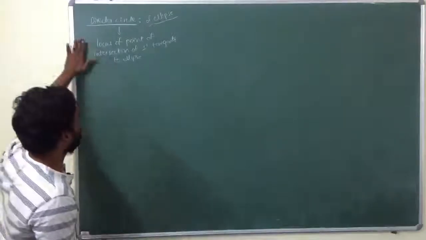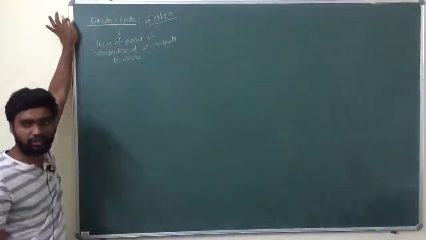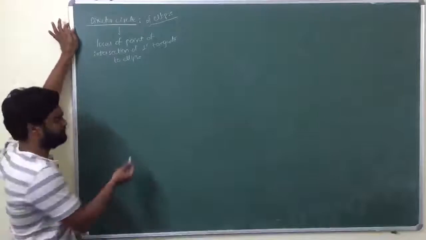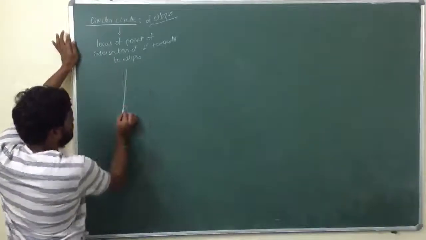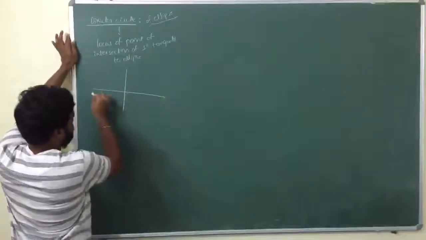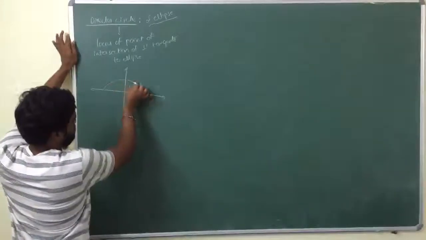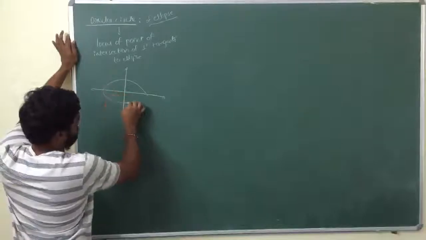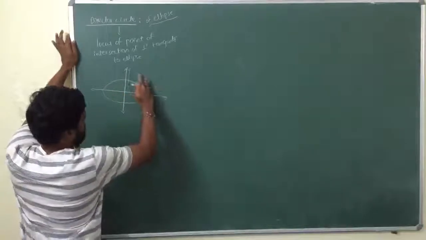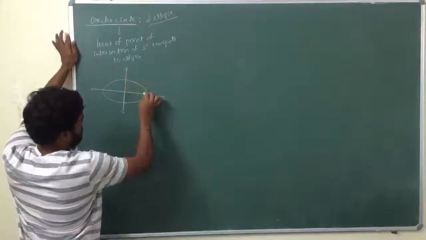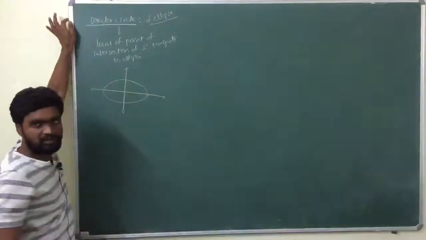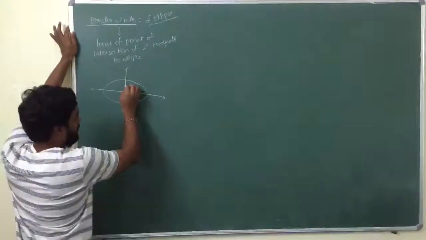So locus of point of intersection of perpendicular tangents to ellipse. How to get the equation of it? We'll see that also. So this is the ellipse. Now perpendicular tangents.